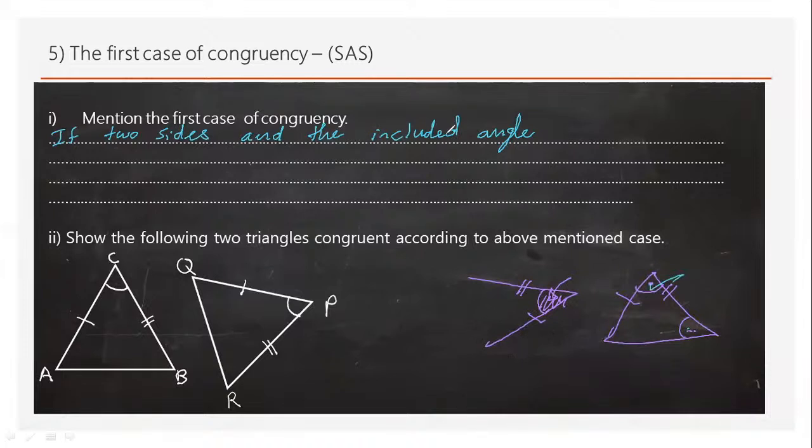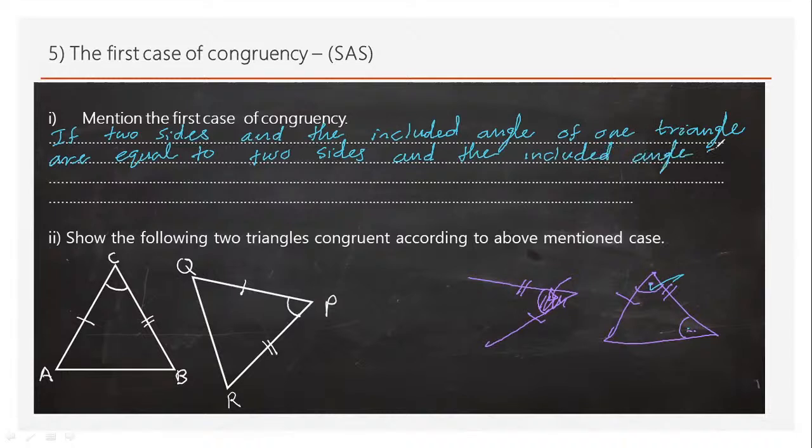When two sides and the included angle of one triangle are equal to two sides and the included angle of another triangle, then the two triangles are congruent.